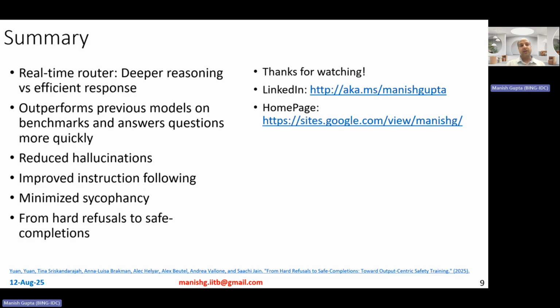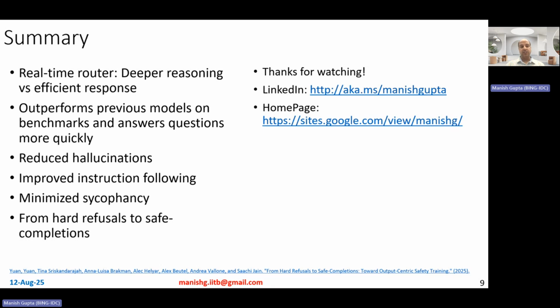In summary, GPT-5 is obviously the next step from OpenAI. It involves a real-time router which can choose accurately between a deeper reasoning model and an efficient response from a slightly smaller model. It outperforms previous models on various benchmarks and answers questions more quickly.